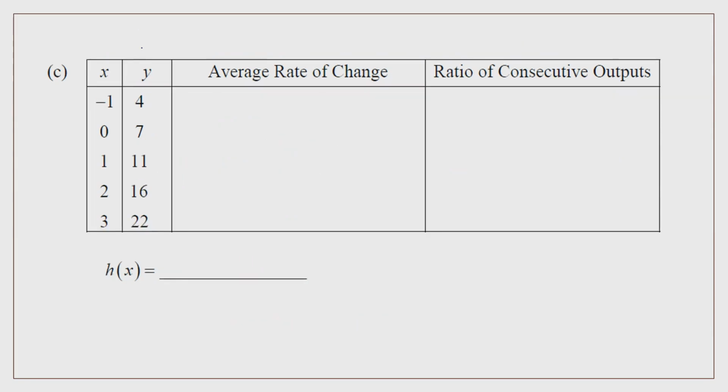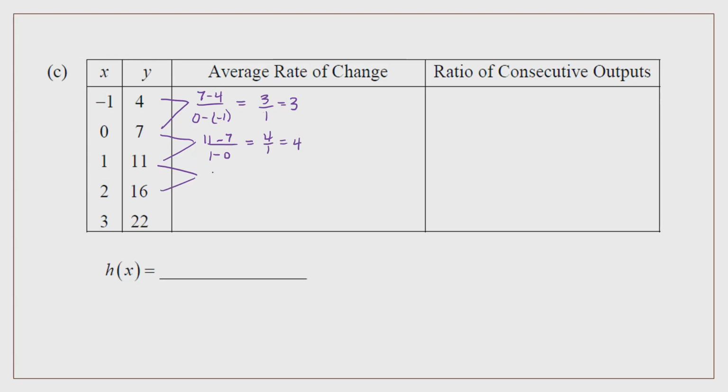All righty. So let's find the average rate of change. So 7 minus 4 divided by 0 minus -1. So that would be 3 over 1, which equals 3. Next one, we have 11 minus 7 over 1 minus 0, which equals 4 over 1, which equals 4.